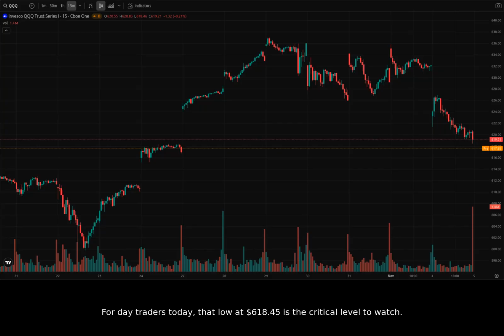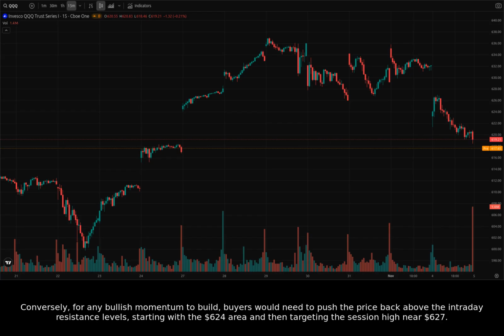For day traders today, that low at $618.45 is the critical level to watch. A break below it would likely trigger another leg down. Conversely, for any bullish momentum to build, buyers would need to push the price back above the intraday resistance levels, starting with the $624 area and then targeting the session high near $627.